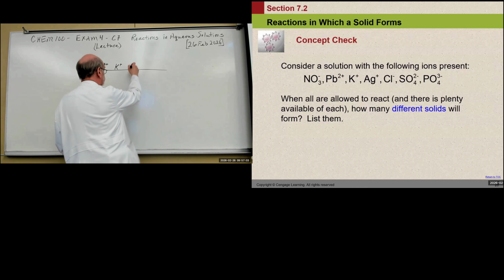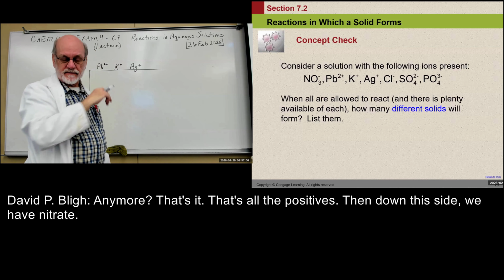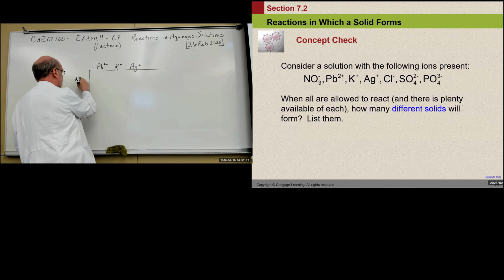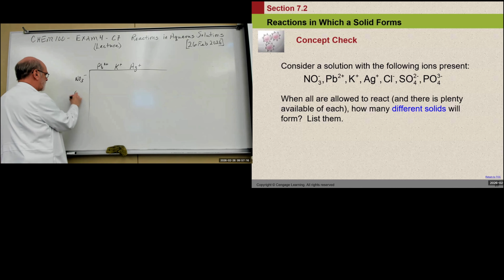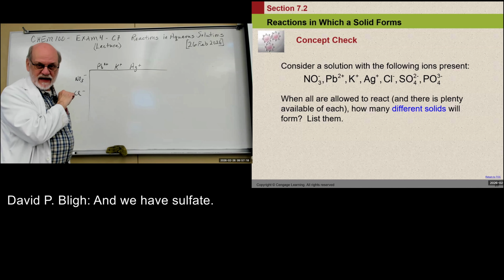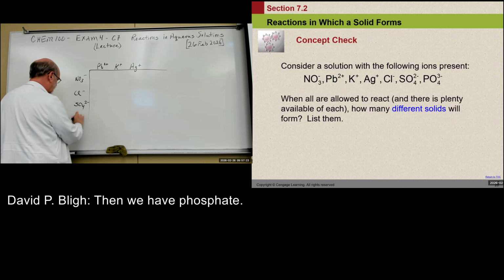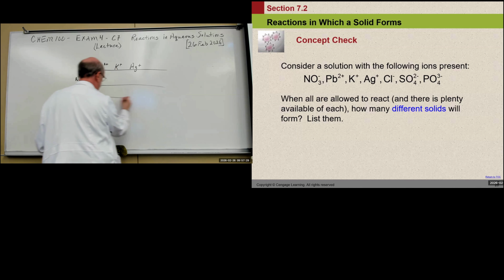We have silver. Any more? That's it. That's all the positives. Then down this side, we have nitrate, and we have chloride, and we have sulfate, and we have phosphate. Okay? So we have a grid set up.